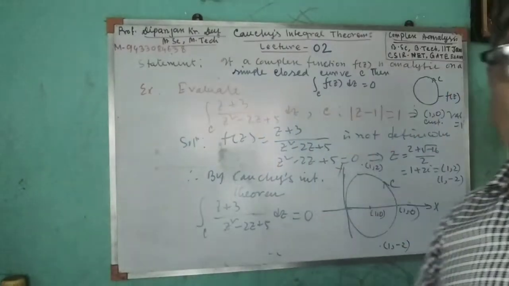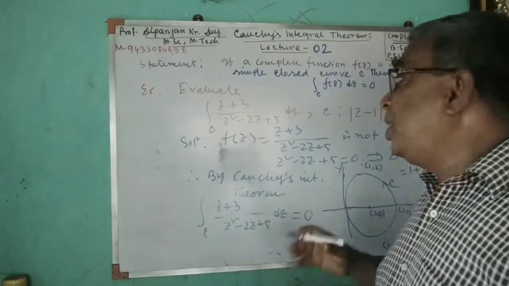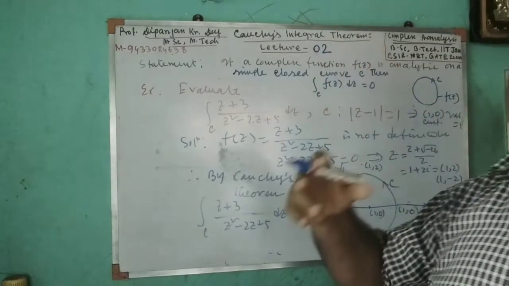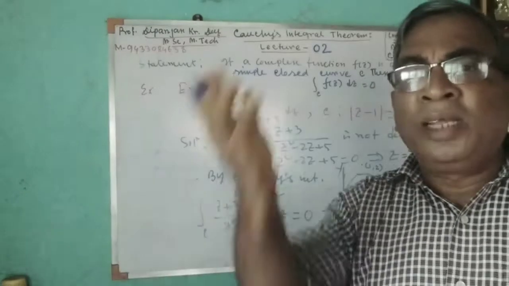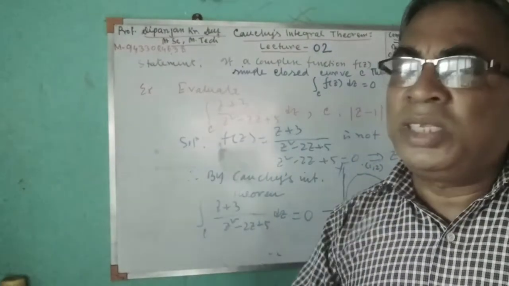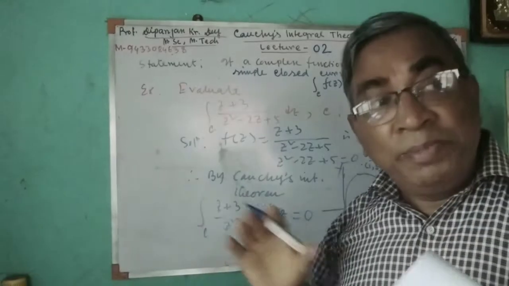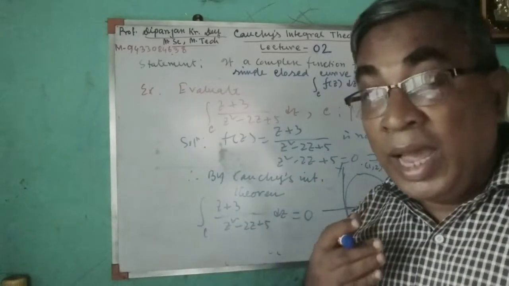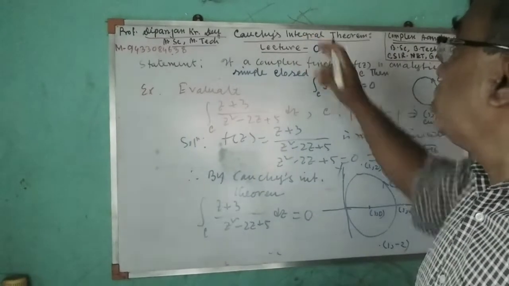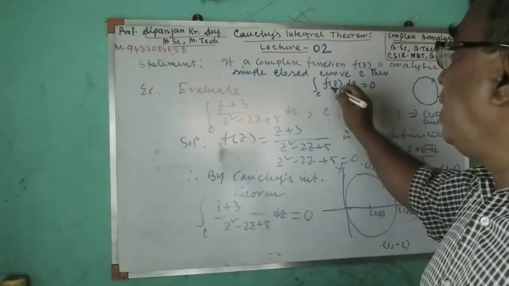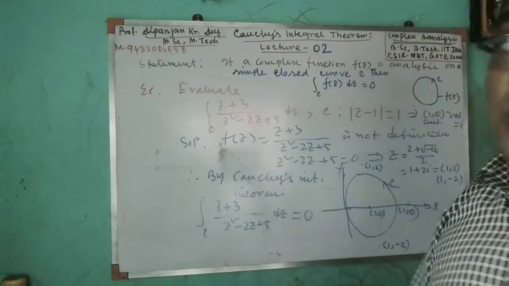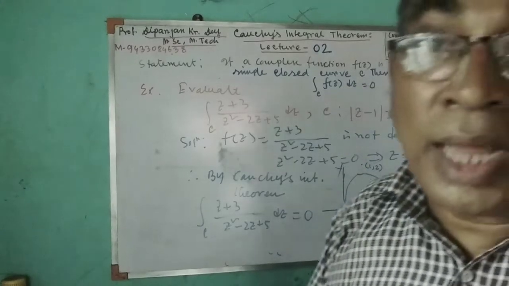So if f(z) is an analytic function, then no need to see whether the closed curve is a circle, a square, or a rectangle. When f(z) is analytic, directly according to Cauchy's integral theorem, the integration of f(z) dz equals 0.